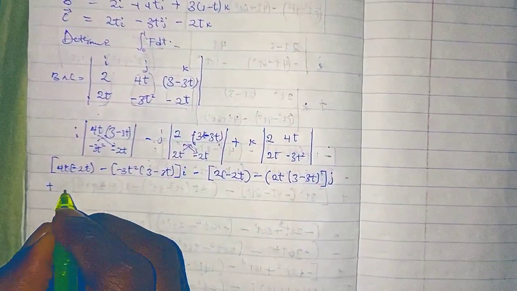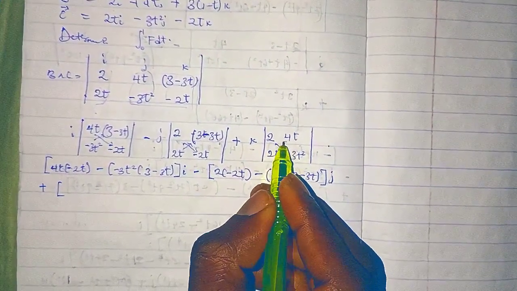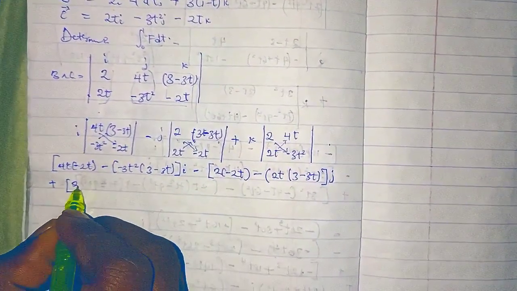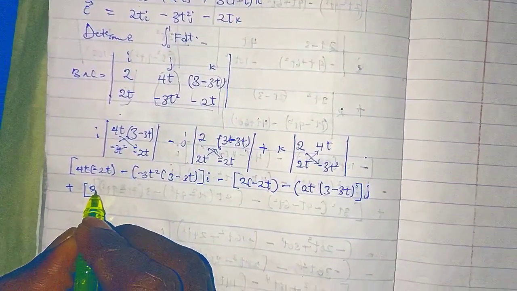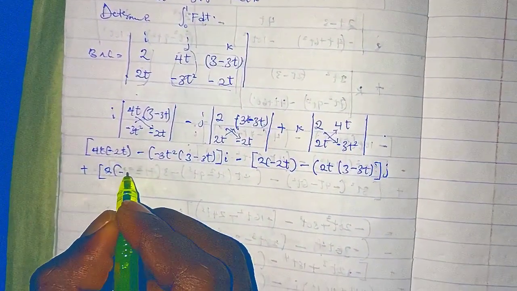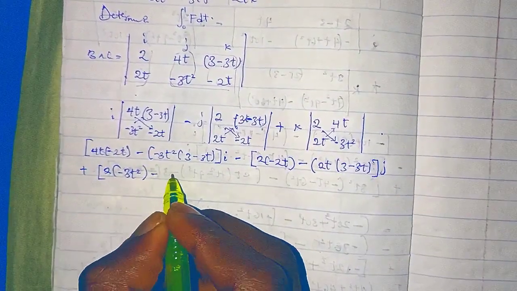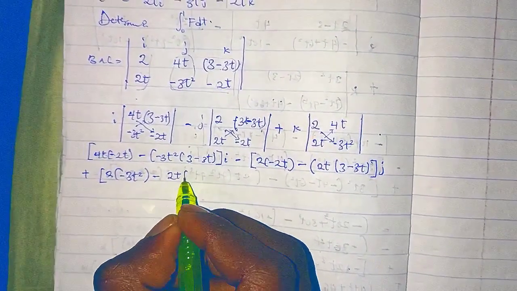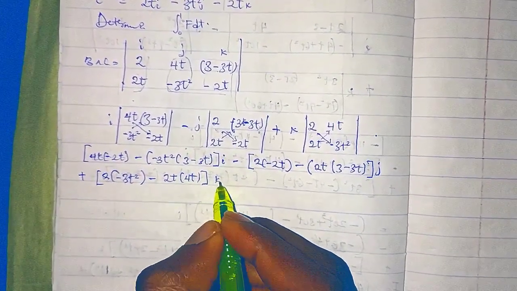And then for k we'll have the product of this minus the product of this. So we're going to have 2 into minus 3t squared, minus 2t into 4t. Close this, and this is under k.